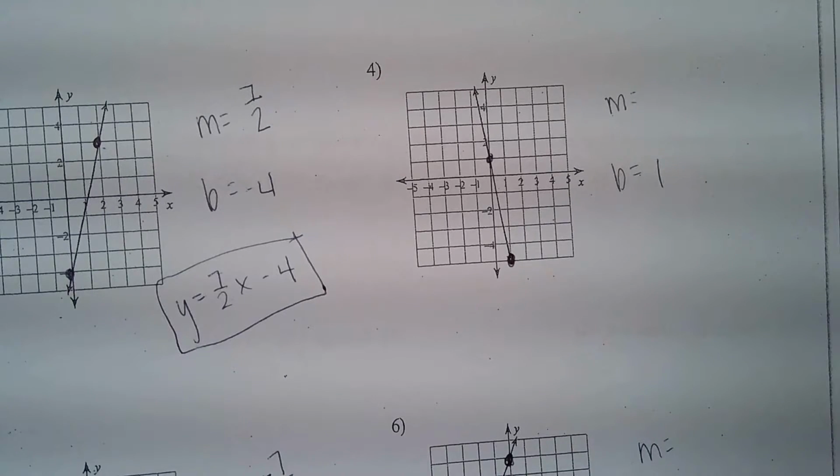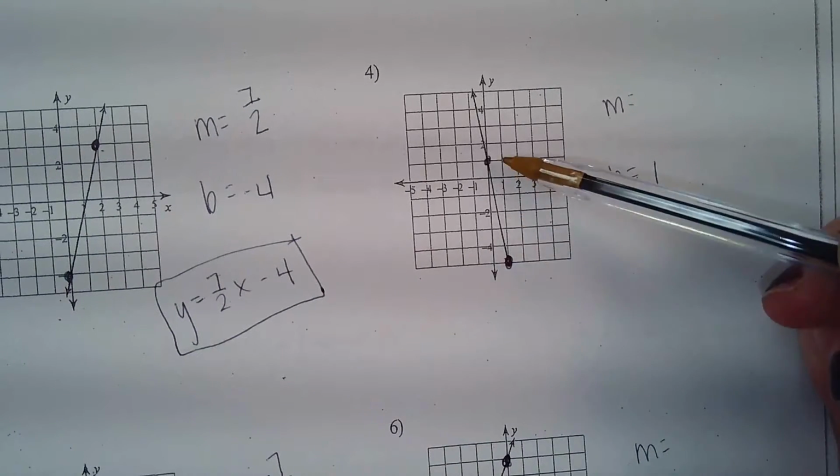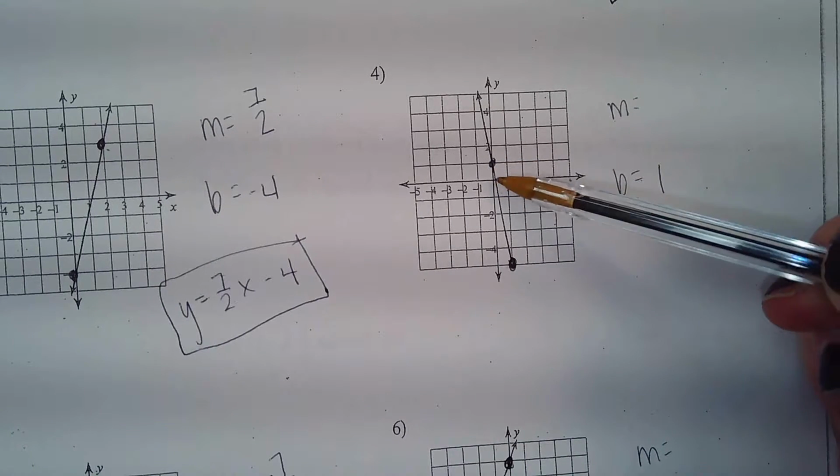Brayden Williams, number 4. What's the slope? So count your slope. I got you 2 good points, right? How far do you go down?